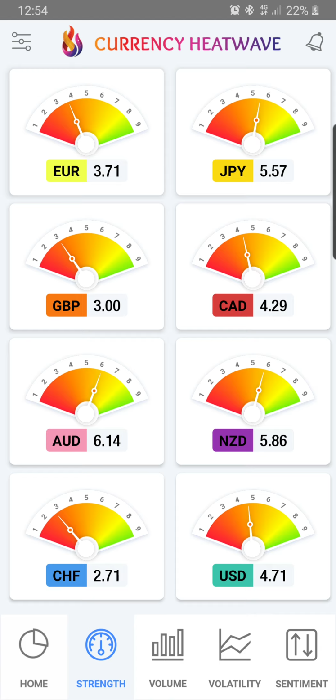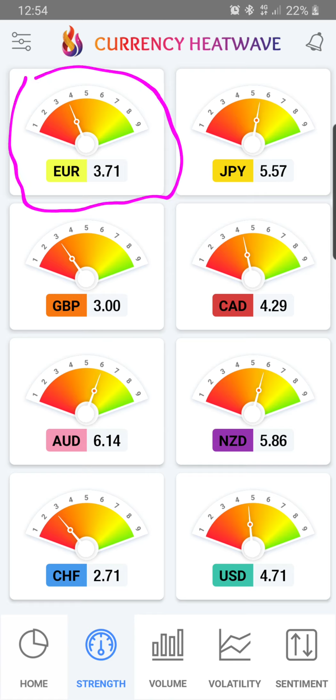Looking at euro now, you can see it is around 3.71. It's telling you that the market is a little bit weak, but not very weak. It is almost average.